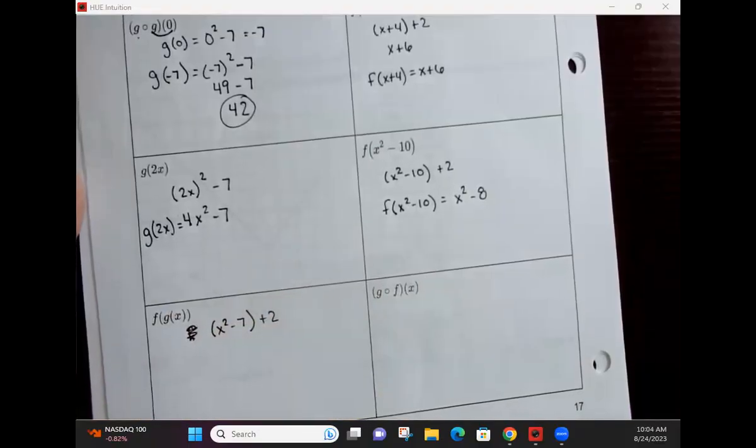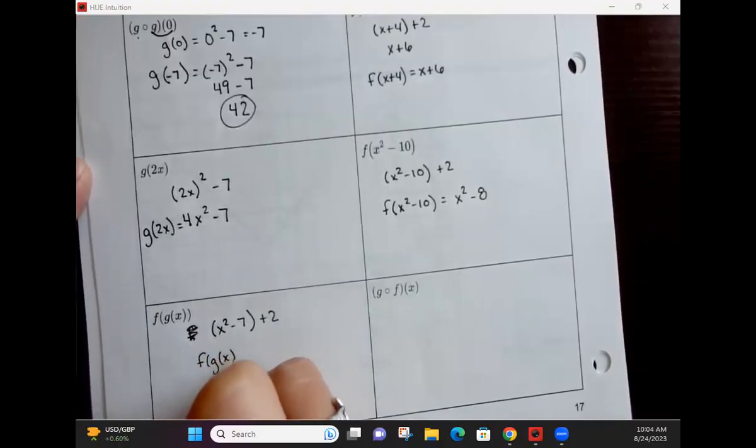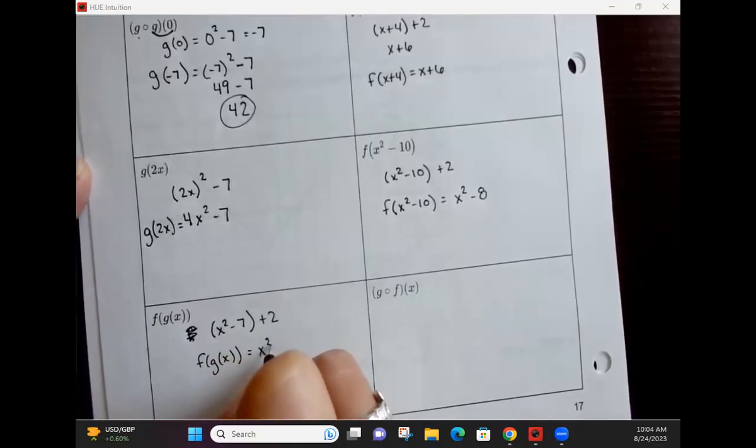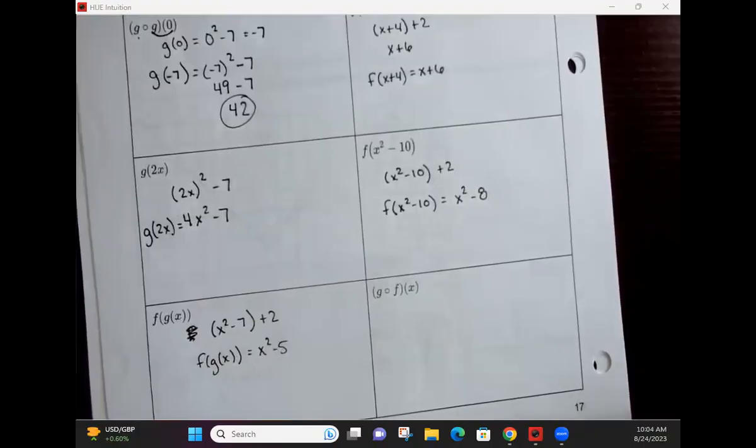And since f is a linear function and the slope is just 1, there's not anything crazy I need to do here. Again, just combine my like terms. So f of g of x would be x squared minus 5. Questions for me so far?